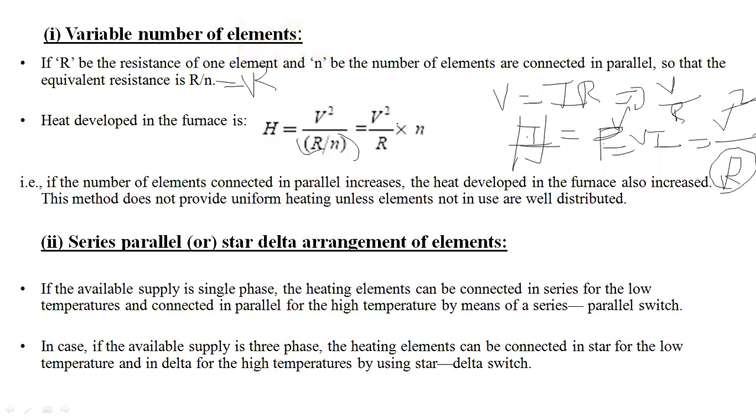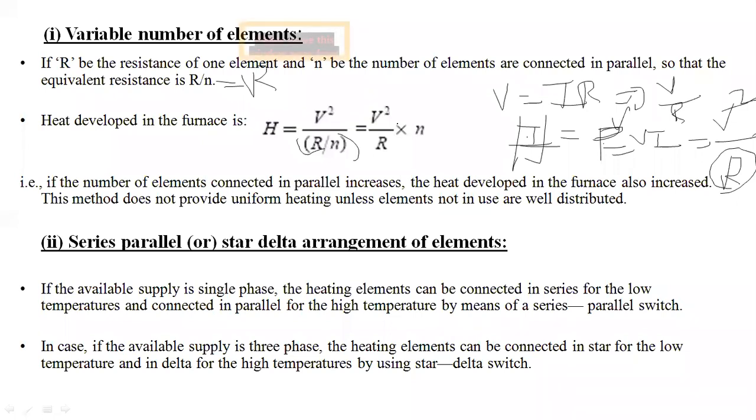But there is one disadvantage in the parallel connection. Earlier I said that in the series connection, by connecting a number of elements in series, we produce heat, but the production of heat is going to be constant. Whereas in the parallel connection, the production of heat is very high, but it does not provide uniform heating.